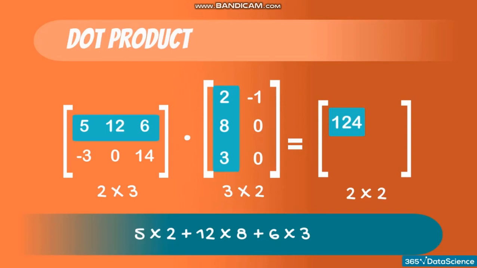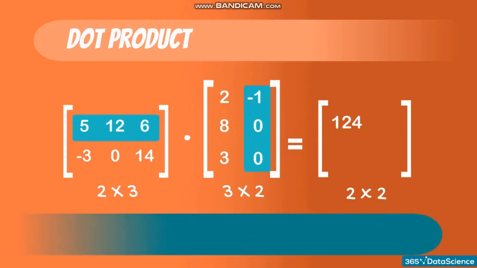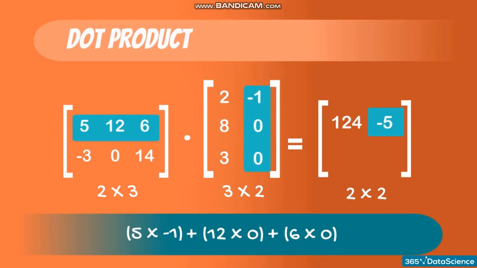124 is also the first element of the output matrix. Next, we find the dot product of 5, 12, 6 with the second vector, minus 1, 0, 0. It is 5 times minus 1 plus 12 times 0 plus 6 times 0. The result is minus 5, which is the second element of the output matrix. Great!